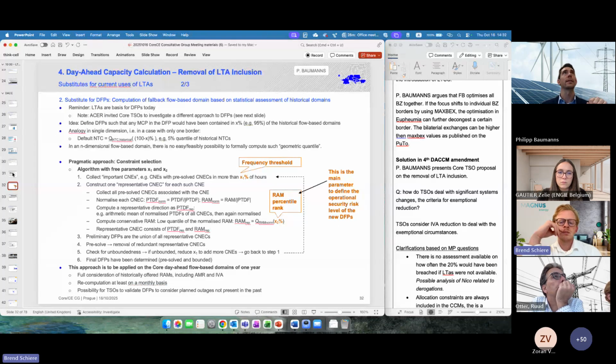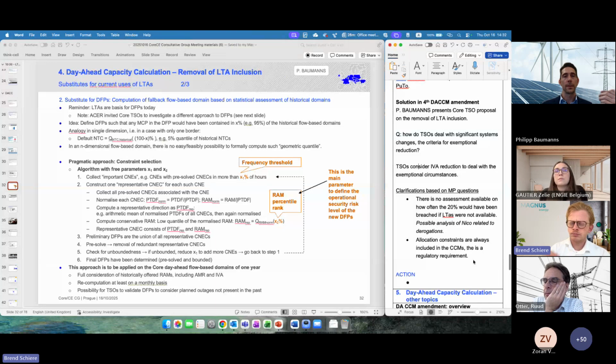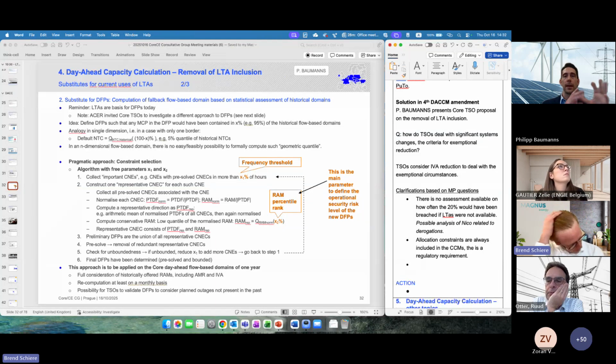It will be shown on the next slide later, but basically ACER invited us to investigate different approaches to DFPs, mainly saying statistical approaches. And we came up with a proposal for DFPs that defines DFPs in such a way that any market clearing point in the DFP would have been contained in a certain amount of percentages, maybe 95, of the historical flow-based domains.